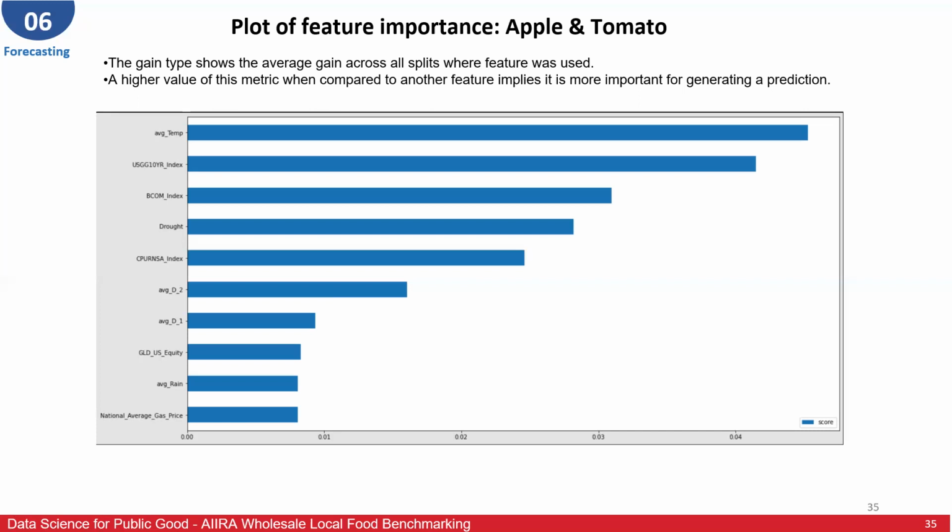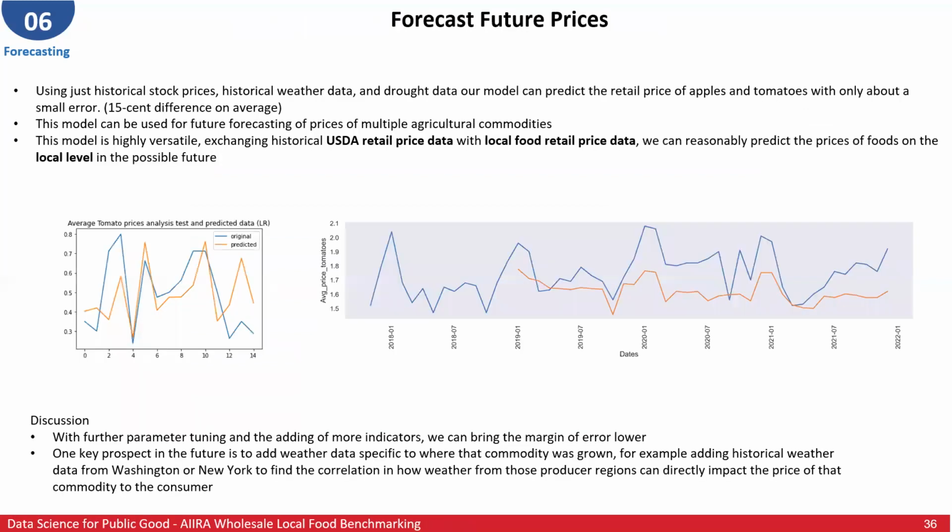On our next slide, we were able to forecast future prices with this model using just historical stock prices, historical weather data, and drought data. Our model can predict the retail price of apples and tomatoes with only a small error, a 13 to 17 cent difference on average. This model can be used for future forecasting of prices of multiple agricultural commodities.